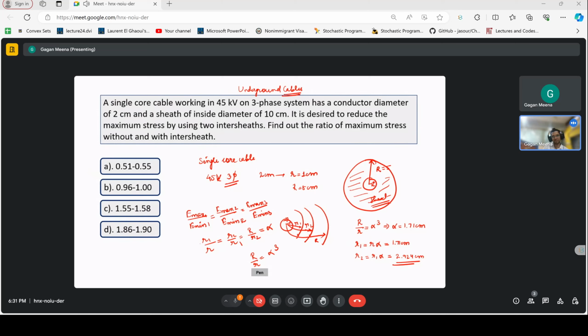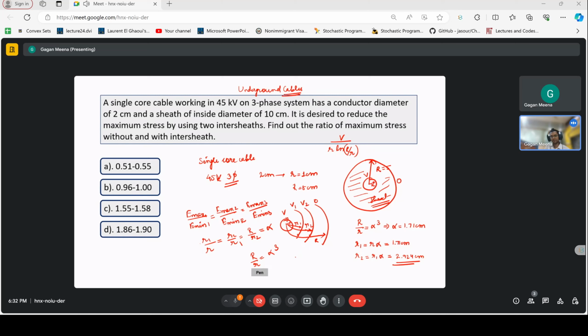So we can write (V minus V1) by r ln R1 by r is equals to (V1 minus V2) by R1 ln R2 by R1, and this is equals to V2 divided by R2 ln R by R2, and all these are alpha.